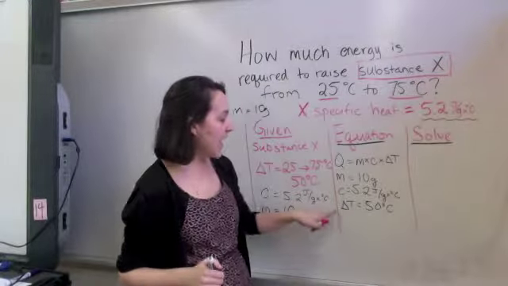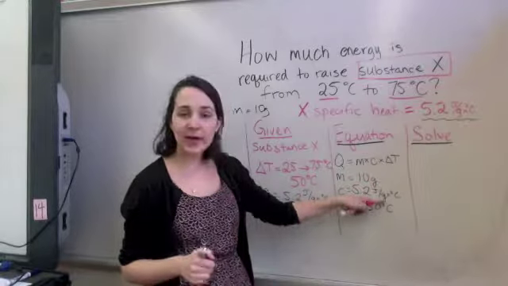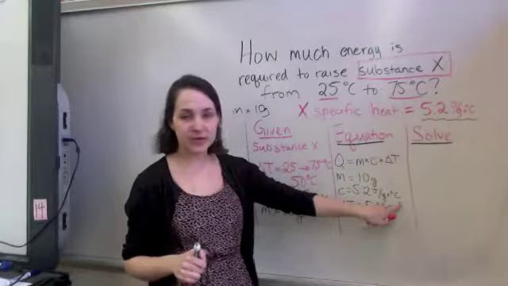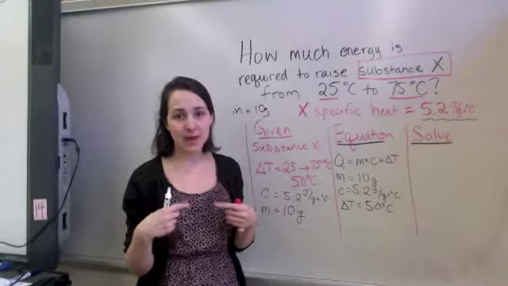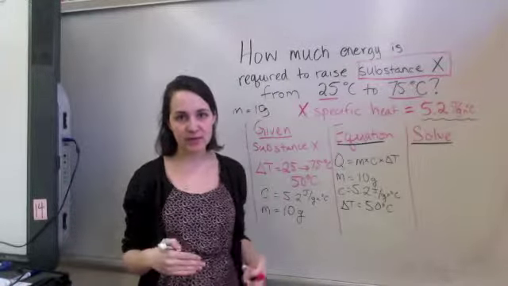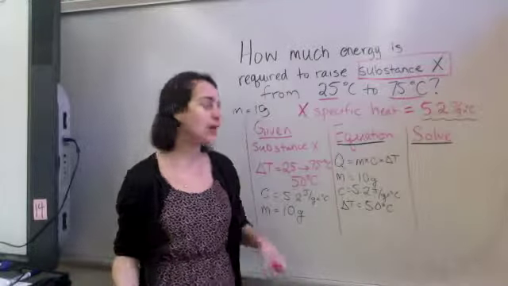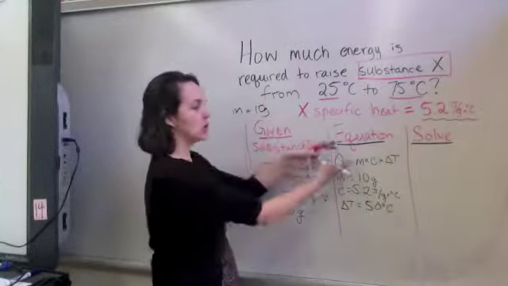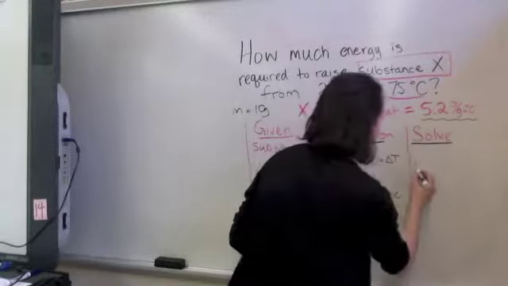Notice that we have all of these things in the same units. Our grams go with our grams, and our degrees Celsius go with our degrees Celsius. If there's a time those aren't in the same units, then we're going to have to balance them out and do some conversions to get them to be the same units. All right? So the last step is simply solving. All we're doing is plugging in our givens to our equation to then solve. All right? So I'll write that out for you.